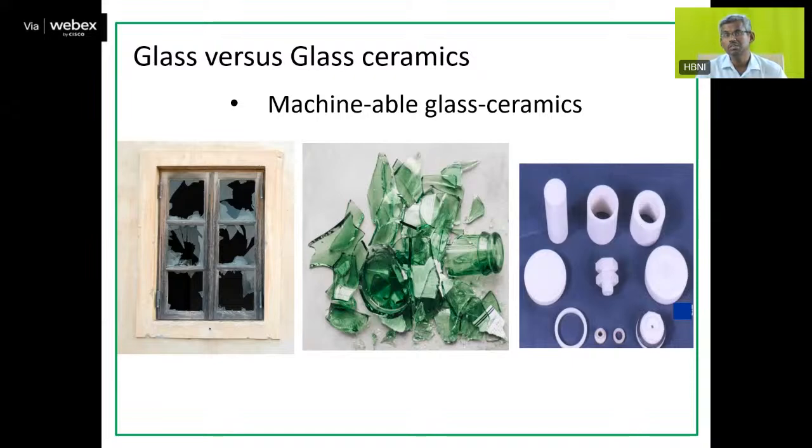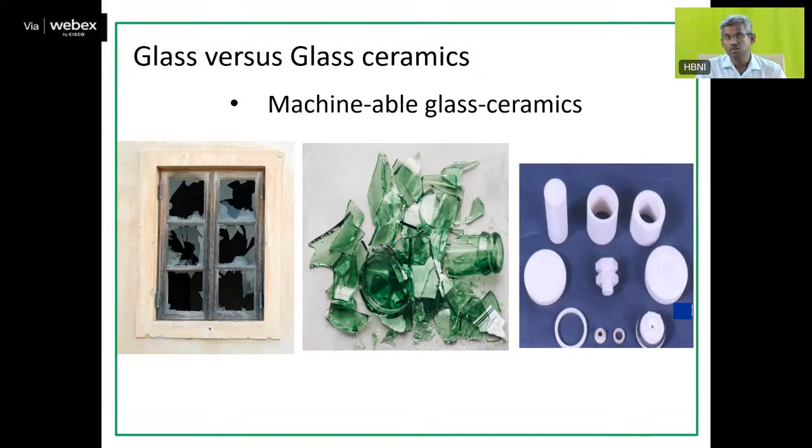By using suitable treatment, we can convert that glass into glass ceramics, which can be machined. On the right hand side, you see a lot of photographs of items made from glass ceramics. So why do I say this?